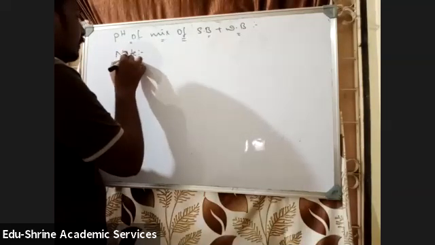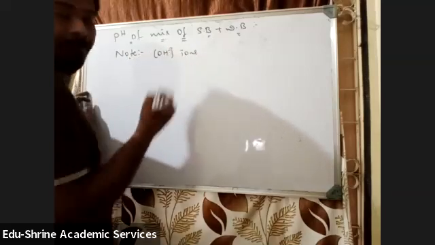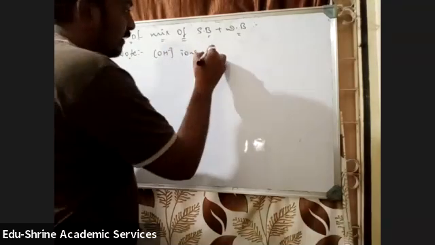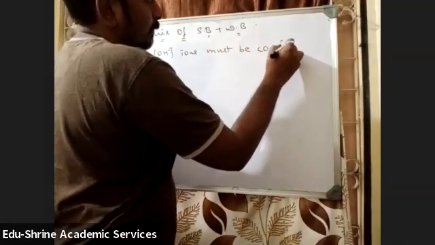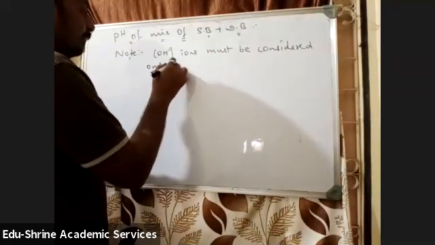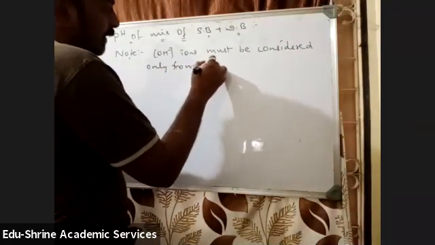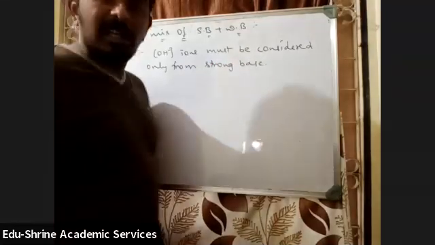The concentration of OH minus ions must be considered only from the strong base. That is the only thing.